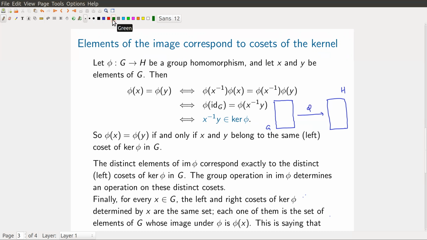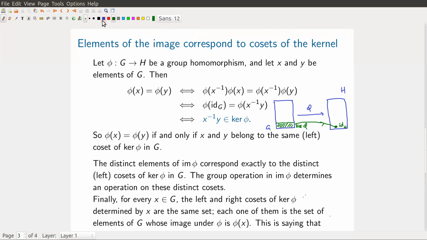Within G, we have the kernel of phi, which I'll write in green. And all the elements of the kernel of phi get mapped by phi to the identity element of H. In particular, all the elements in the kernel of phi have the same image under phi.